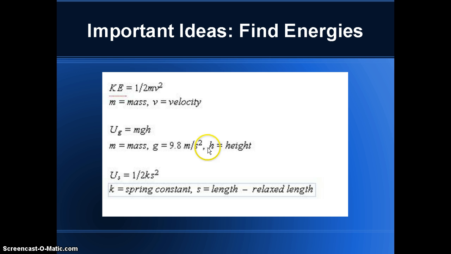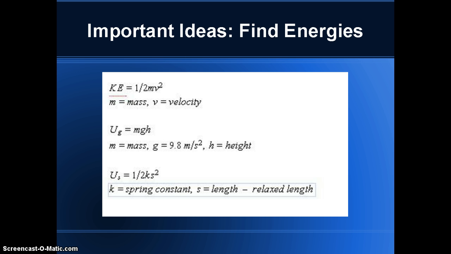Finally, potential spring energy, 1/2 ks squared, or 1/2 times the spring constant times s, s being the current length minus the relaxed length. The relaxed length being if you just left the spring alone with no forces acting on it, it would stay at this length.